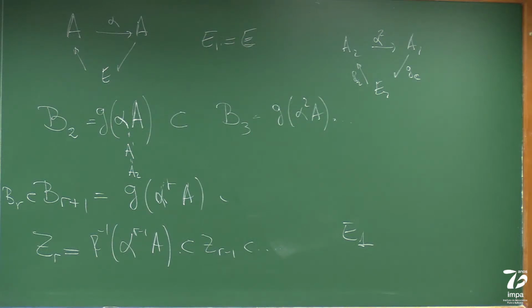Okay. So now, whenever I have an exact couple, I have an explicit spectral sequence. Well, although I haven't constructed the final complex, but that's irrelevant for a second. And I also haven't given you the grading. So let's deal with that.